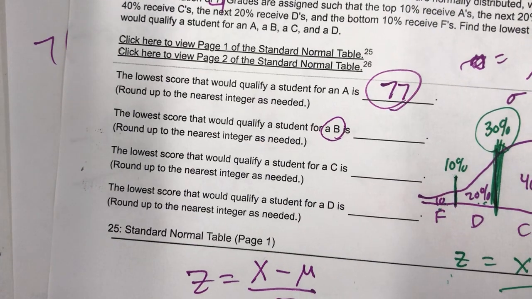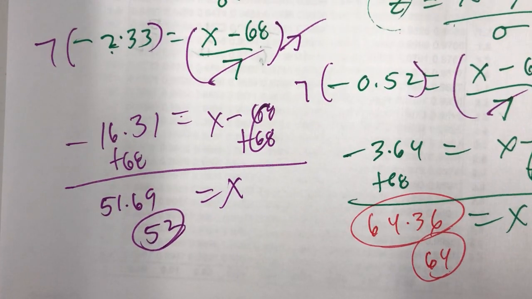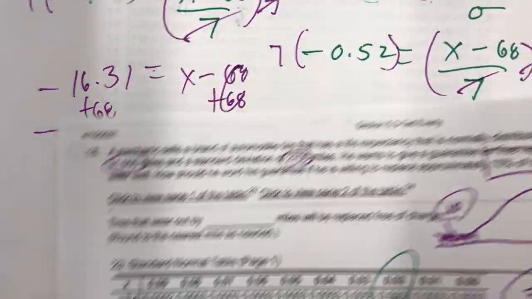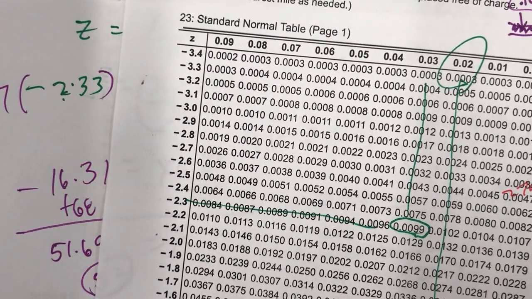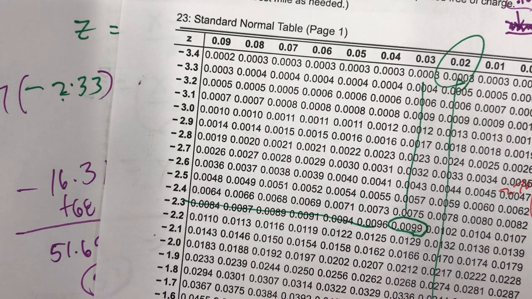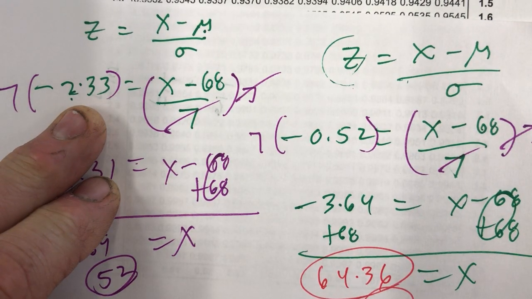Oh my goodness, man. Look at my, this is supposed to be 10% right there, which is negative 1 point, oh, no. I did this wrong. This is 1.28. How did I get negative 2.33? I looked at something different when I wrote it down.